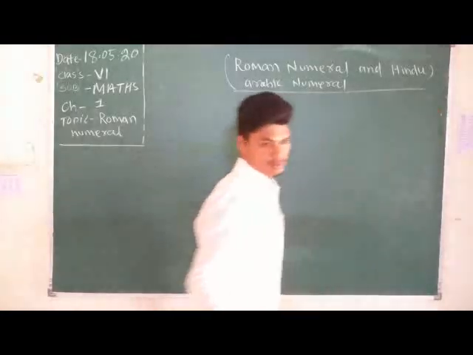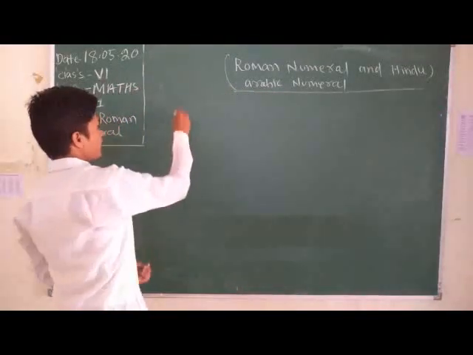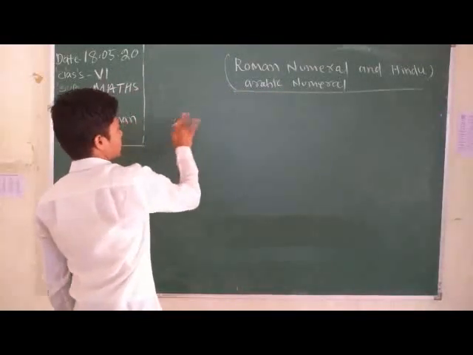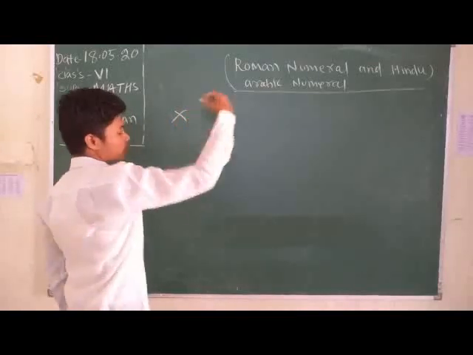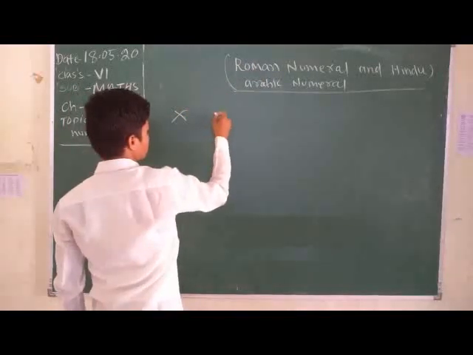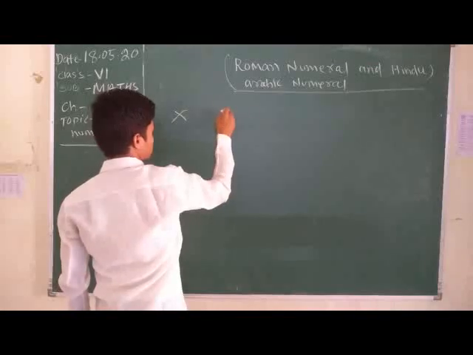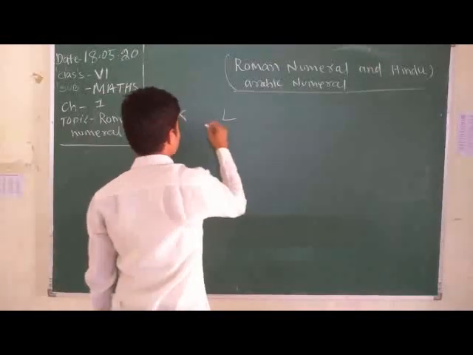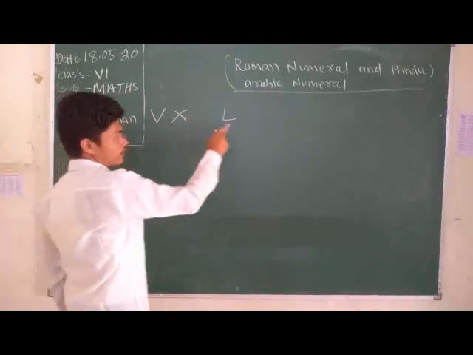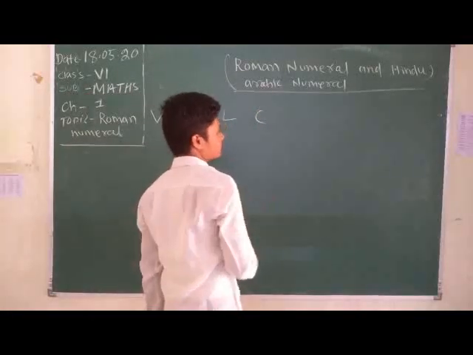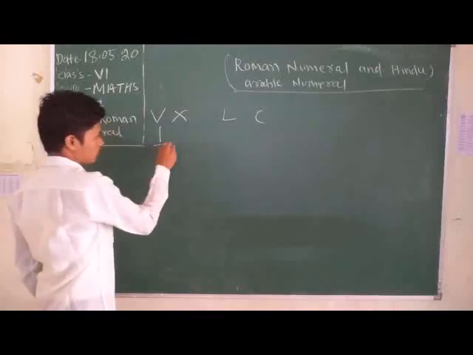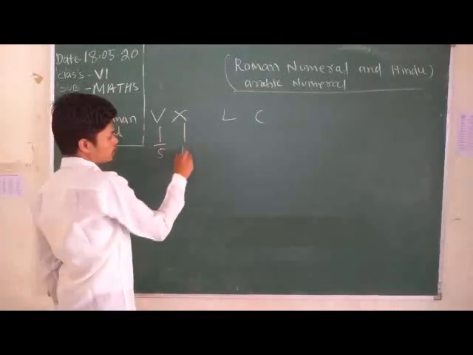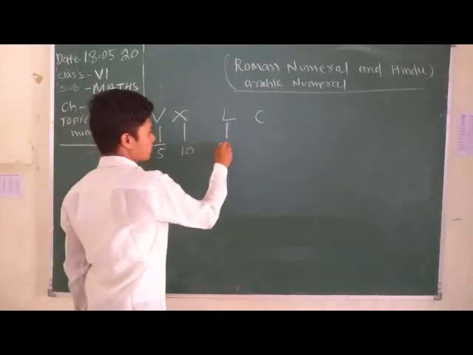Here if you start from I, then V, X, L, C. What do they mean? I is 1, V is 5, X is 10, L is 50, C is 100.